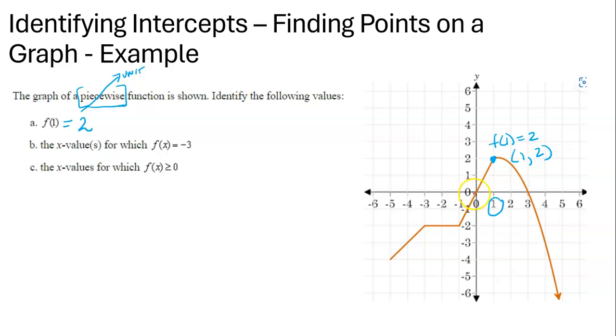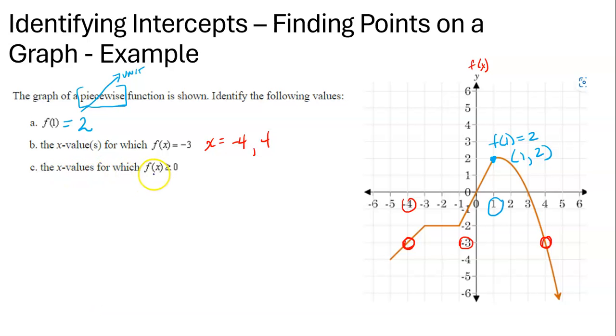So let's see. f(x) is -3 here, and it's -3 here. Okay, because we're looking at this as f(x) or y, right? So the x values are -4 and 4.